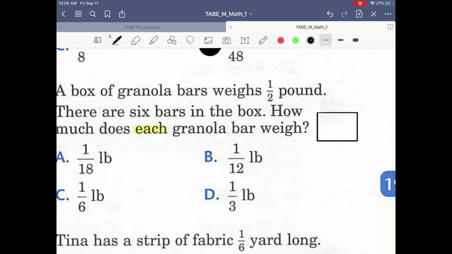We have a box that weighs a half a pound, and there are 6 bars in there. Put that over 1. So 1/2 times 1/6 is 1/12. I would choose option B for this one. Each bar is 1/12 of a pound.